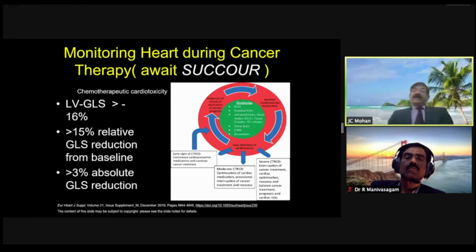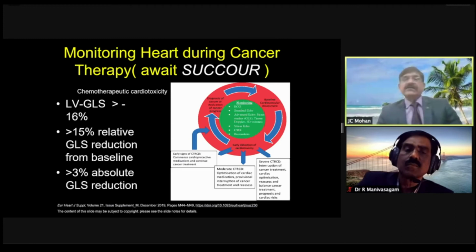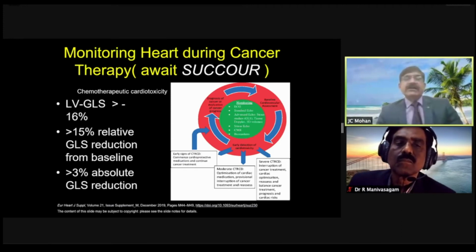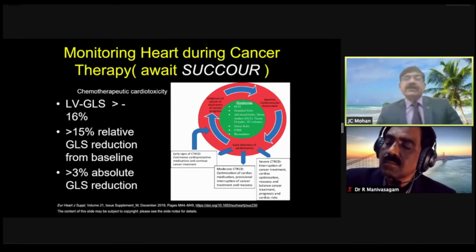The greatest advantage which people are thinking of about the longitudinal strain is in following the patient, following the cancer patient, following chemotherapy, and we are still awaiting data. But it says that chemotherapeutic cardiotoxicity can be picked up earlier than a fall in ejection fraction. You need a 10% fall in ejection fraction before you pick up chemotherapeutic toxicity.